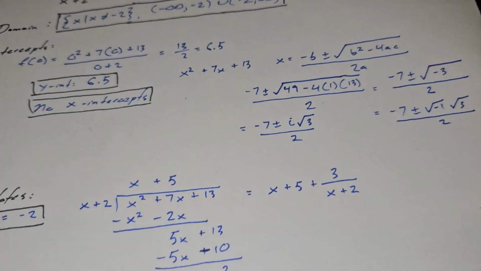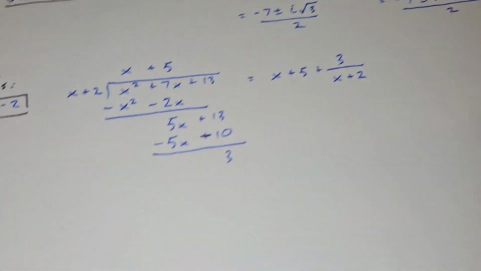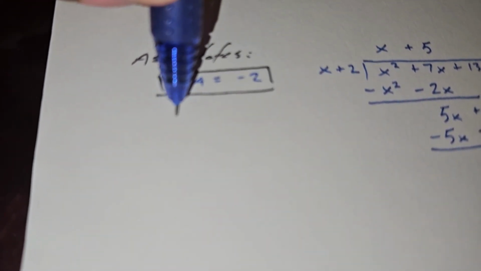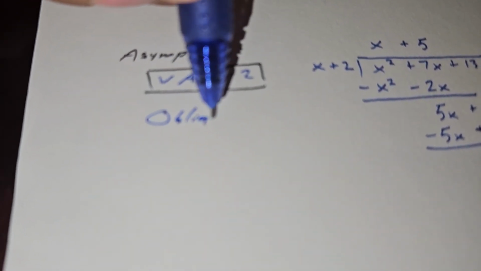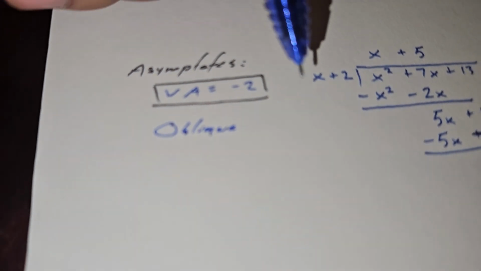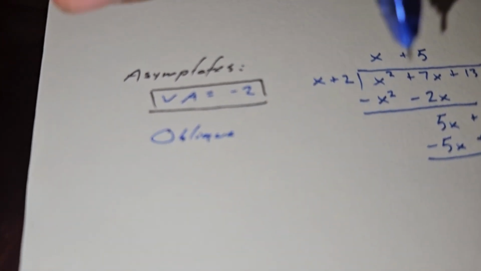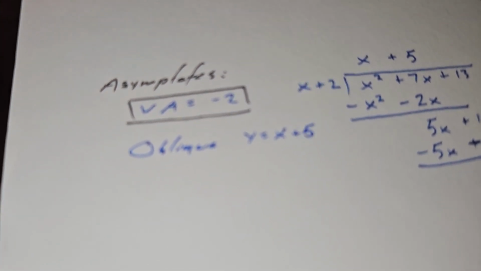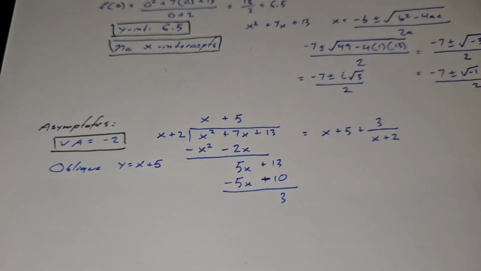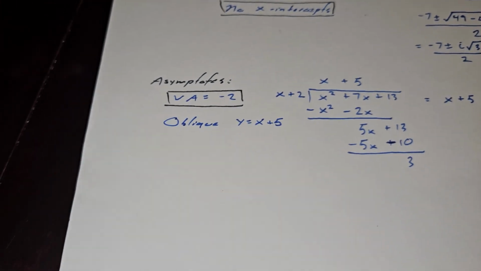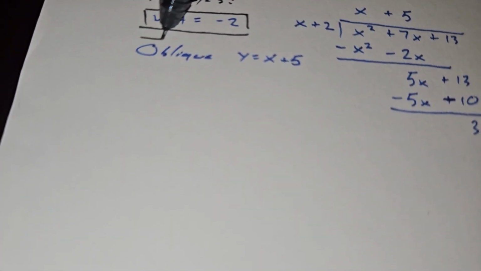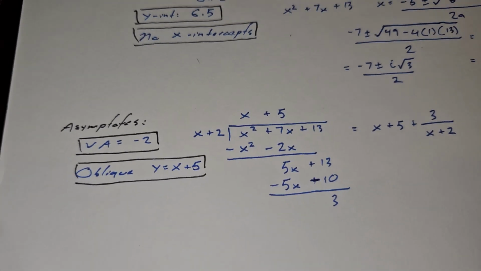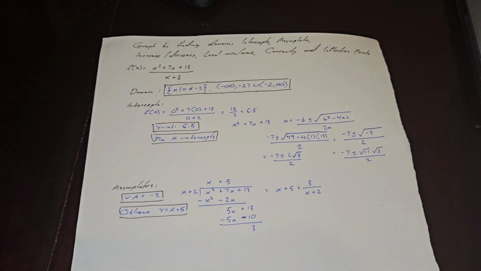The oblique asymptote is going to be y equals x plus 5. We got that from the division, so we found it. That's what we got so far.